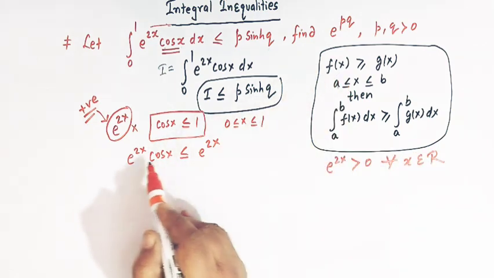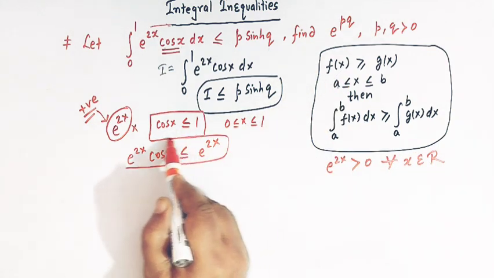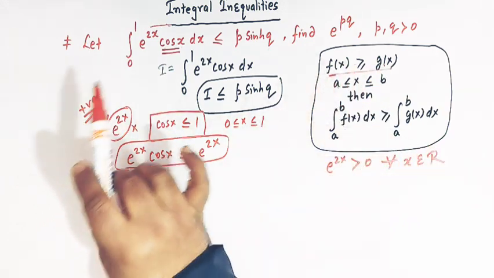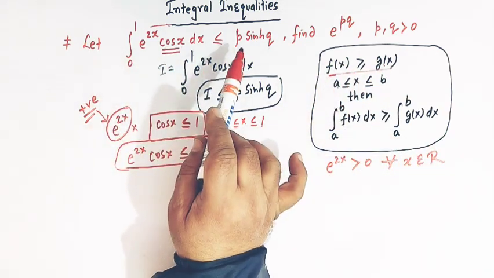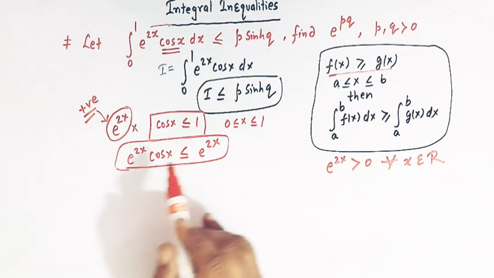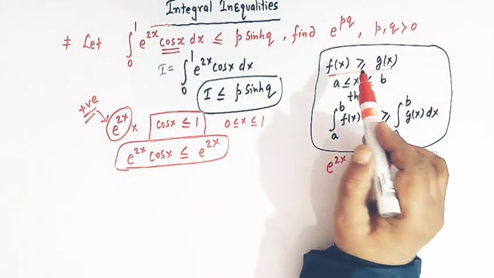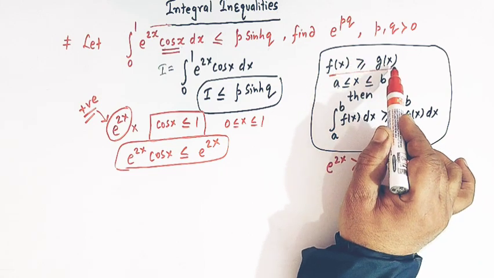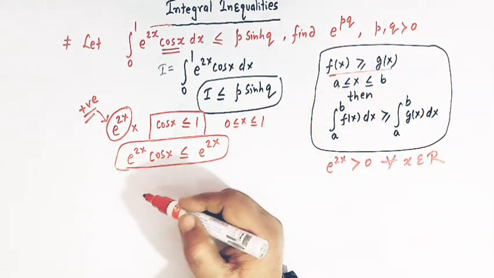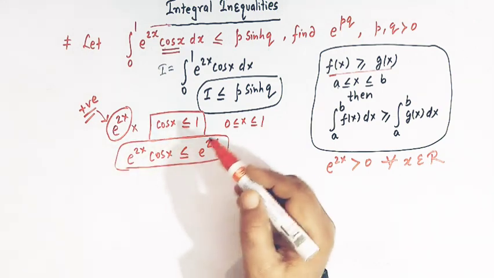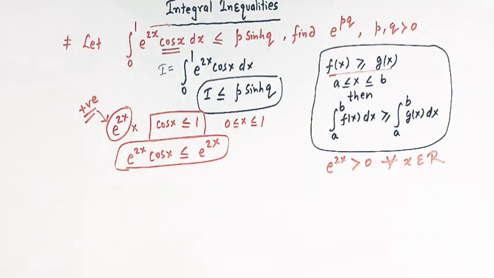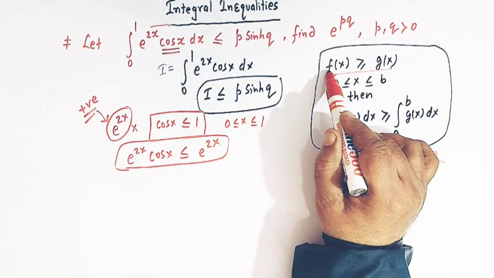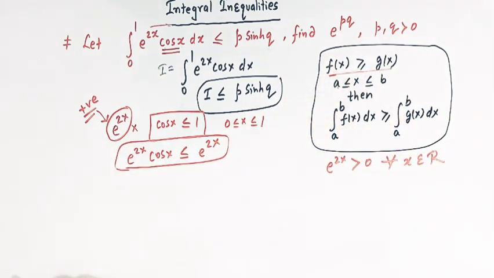So now we have obtained an inequality which is similar to this one, right? Whenever we encounter these types of problems, our first aim is to get an inequality which is similar to f of x is greater than or equal to g of x, or in other words we have to frame an inequality which gives us the functions f of x and g of x, right?